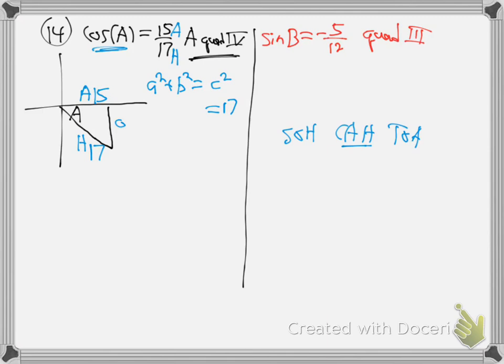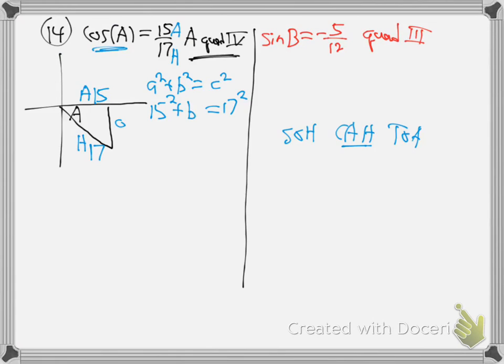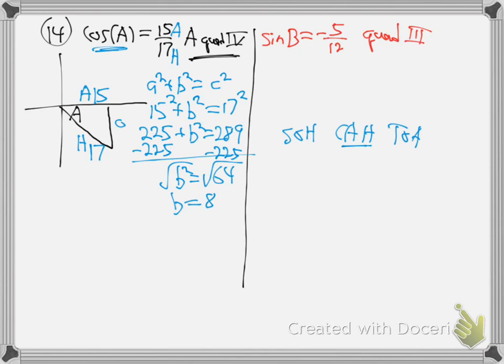So 15 squared plus b squared. What's that? 225 plus b squared is 289. Subtract 225. B squared is 64. Root it. B is 8. The opposite side is 8.